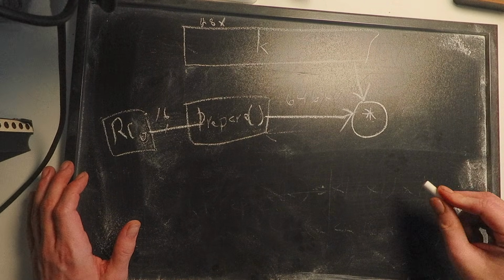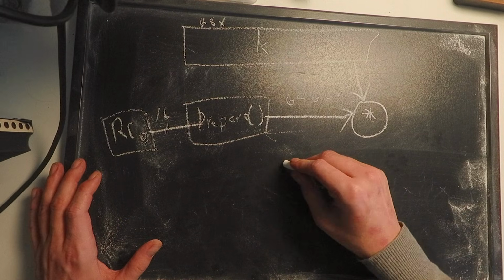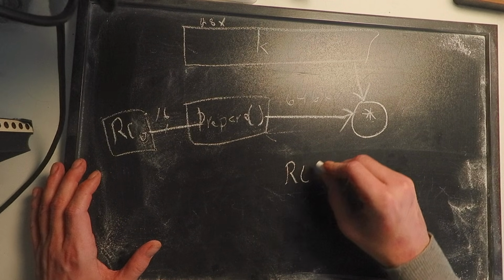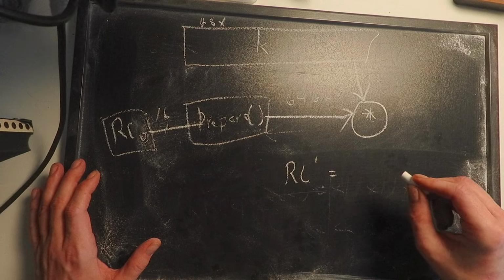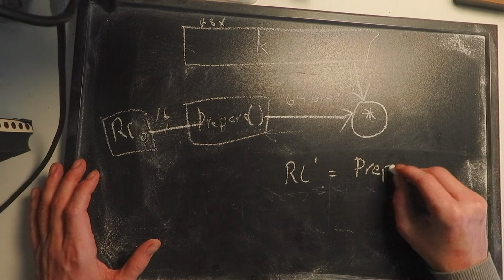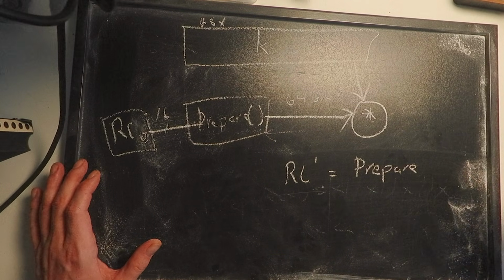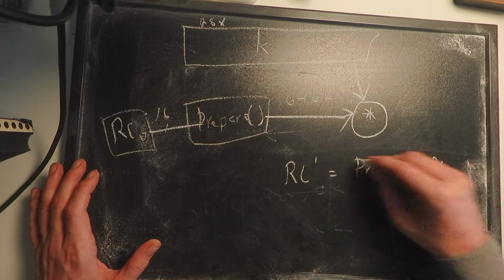Well, it's a regular multiplication. So let's say we have RC prime, let's call it, which is equal to the prepare function of RC0 in this case.